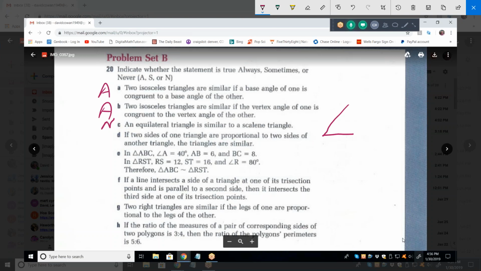Now, the other triangle I'm going to make bigger so that the horizontal lines are proportional to the other lines. So there's only one way I can draw the third side of that. That makes them similar.